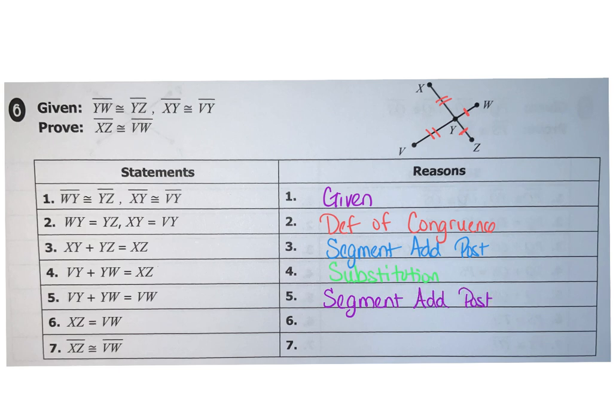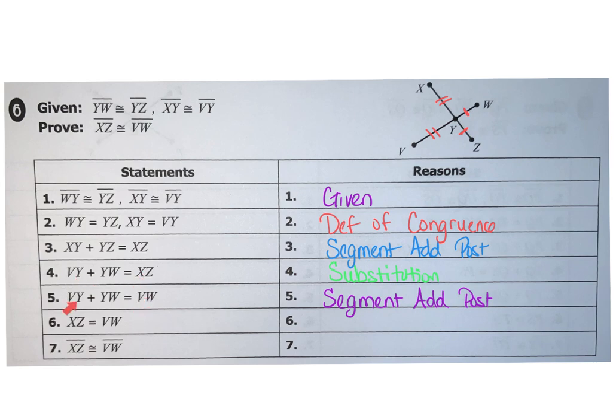Now there are two possible answers here. Here we have that XZ equals this, and this equals VW. So then XZ equals VW. What rule tells me if A equals B and B equals C, then A equals C?